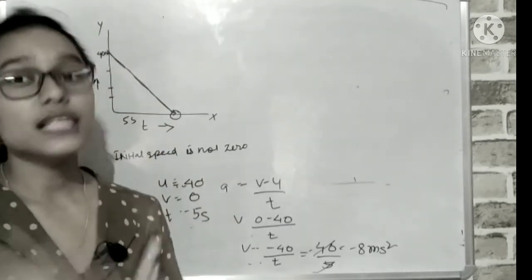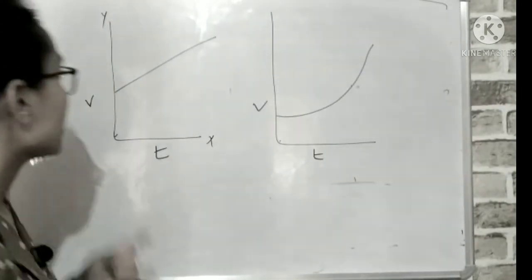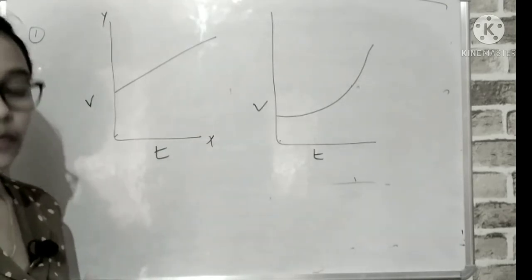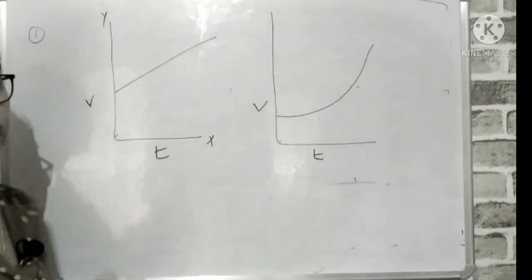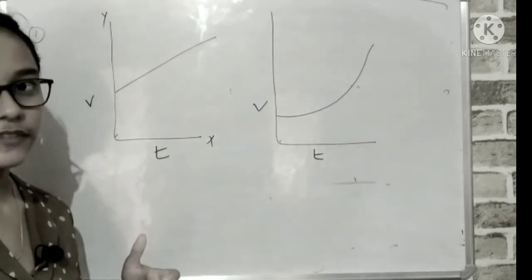Now let us go to the second case. Now let us discuss the second type of graph. It is called uniformly accelerated. Okay, when the body is uniformly accelerated. Uniform means what? It is covering equal distance in equal interval of time, right?